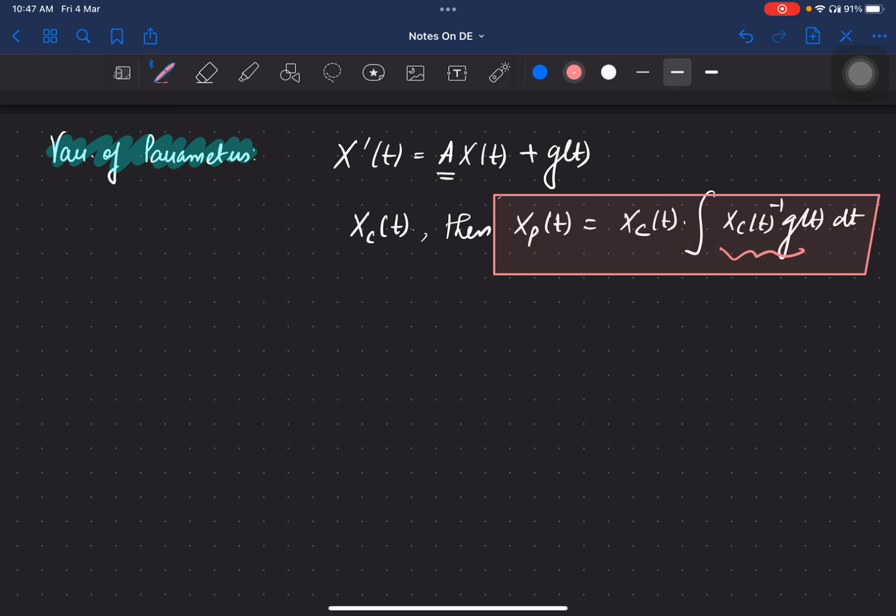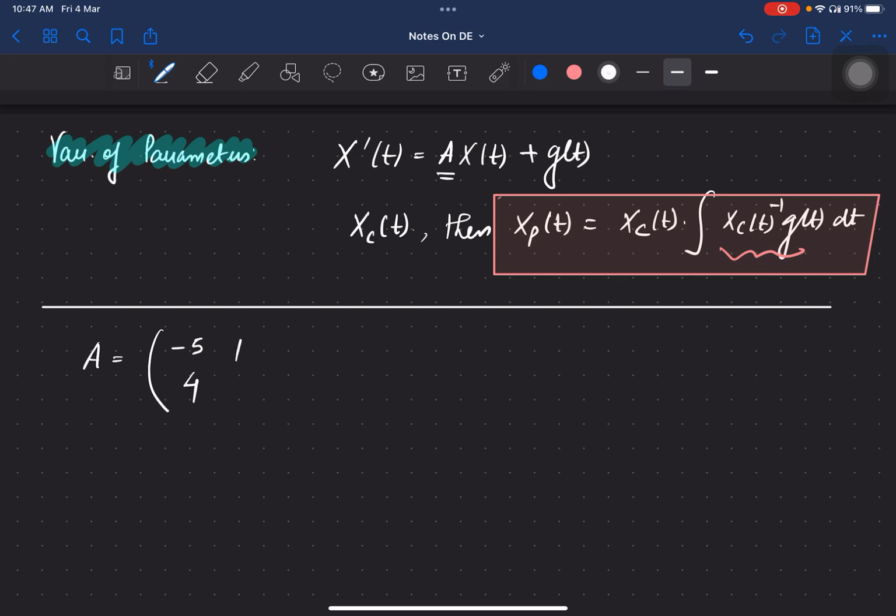Okay, so let us see through an example how to do it. Suppose A here is [-5 4; 1 -2] and g(t) is e^{2t} times [6; -1].